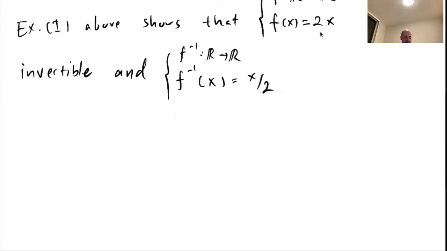Okay. So now which functions are invertible? Well, we can always compare this with the set of numbers. In numbers, which numbers are invertible? We know that every number except 0 is invertible with respect to multiplication, and the reciprocal of the number is your inverse. But in the set of functions, which functions are not invertible?